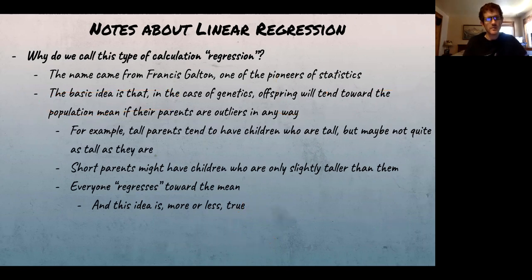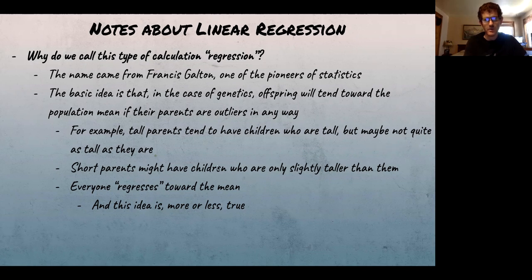So this is another random thing. Why is this called regression? It's basically the idea that, especially with things like genetics or anything that generates a future offspring of some kind, plants, humans, if you have an extreme outlier value, the offspring is going to tend to fall back toward the mean.